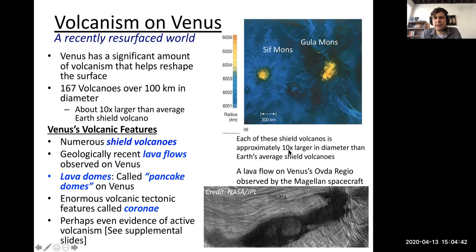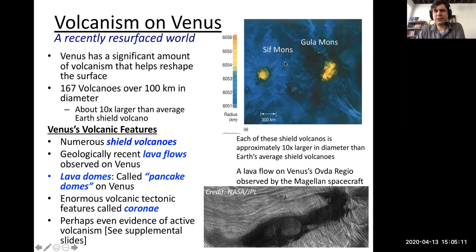So shield volcanoes are the type of volcano that are not related to plate tectonics. So every volcano in the solar system that's not on Earth, since no other planet has plate tectonics, are shield volcanoes. They have a low profile, which means they rise slowly, and then they'll have a caldera, a volcano crater at the top, and they all have that sort of shape.